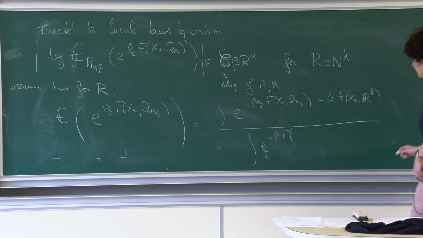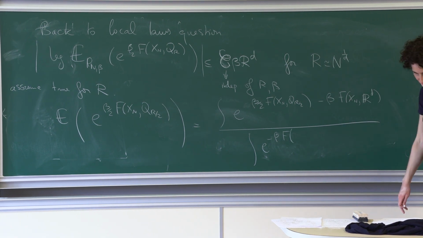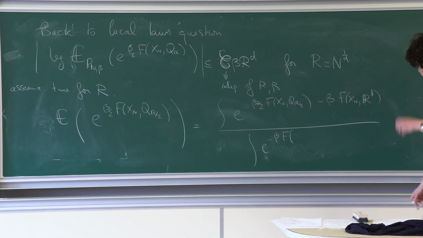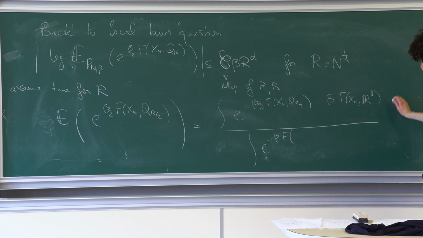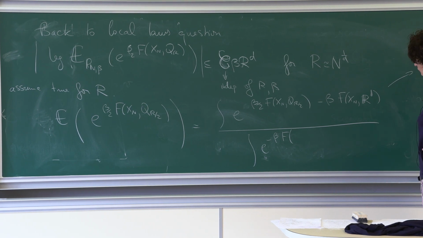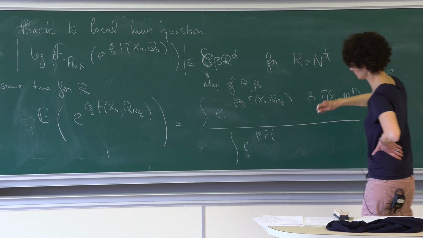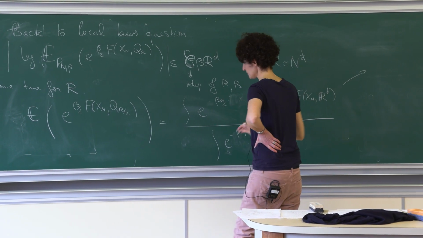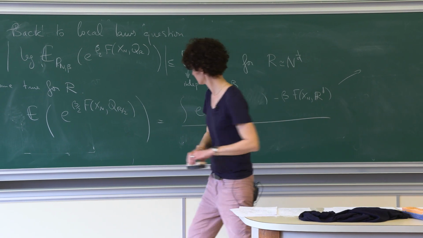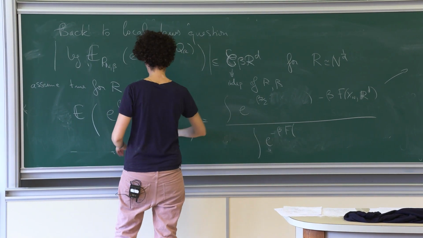Okay, so on the numerator, I'm going to try to use restriction in comparison with G. So here what you have really is you're computing, actually I should not write it like that if you allow me. This is not quite true.